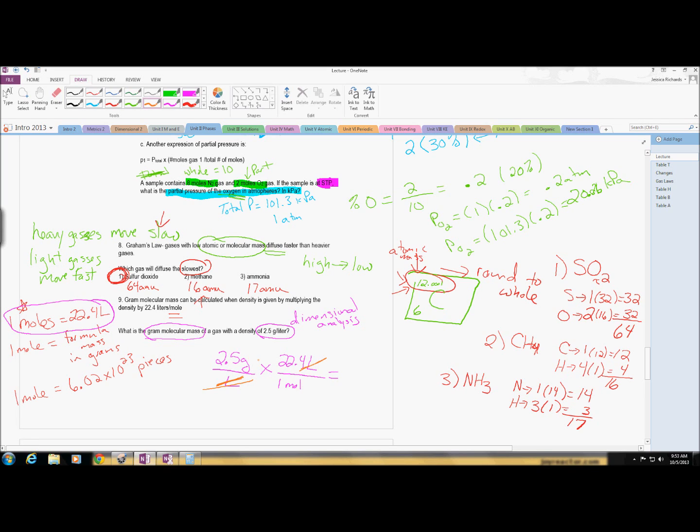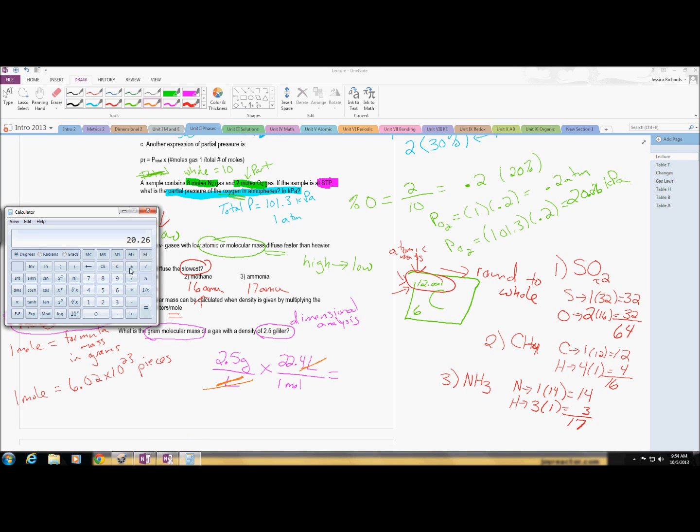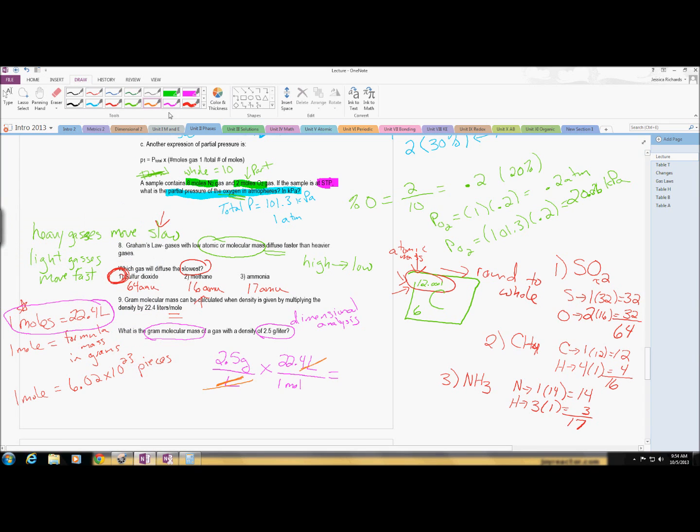Grams don't cancel with anything. Moles don't cancel with anything. So I grab my calculator and I multiply 2.5 times 22.4, and I get 56. And the units that I'm left with are grams per mole, and those are the units for gram molecular mass.